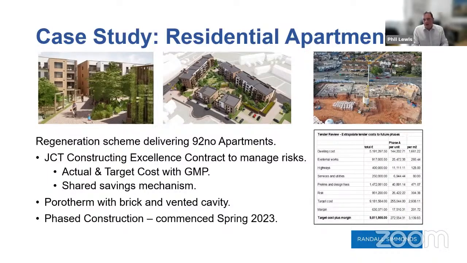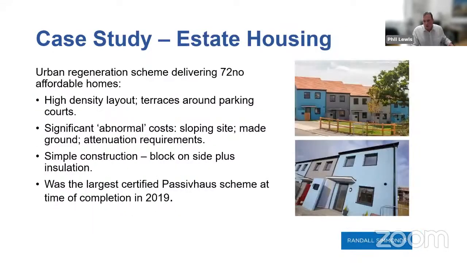Okay, I think that's a reasonable outcome. As we deliver more and more units, I don't think that will be necessary. But whilst Passive House is still a relatively small percentage of the overall build, then we need to consider more innovative methods of delivery. Next case study is estate housing.